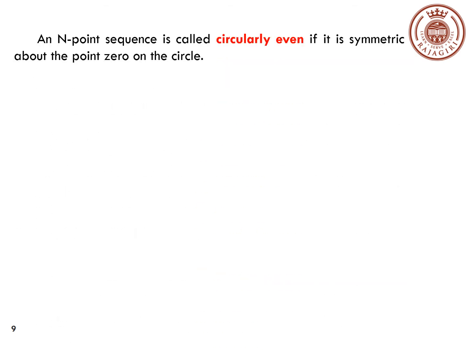Now, a few more concepts before going into the next property. These are a few terms that you need to note. An N-point sequence is said to be circularly even if it is symmetric about the point 0 on the circle.